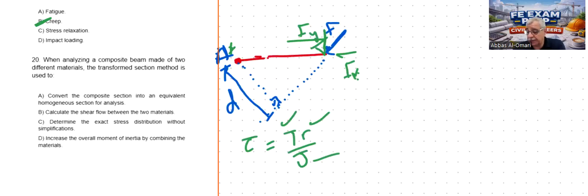So this looks correct, it makes sense. If we have two different materials, to simplify the analysis we want to convert the cross section to an equivalent homogeneous material. So A is the correct answer. The next question.